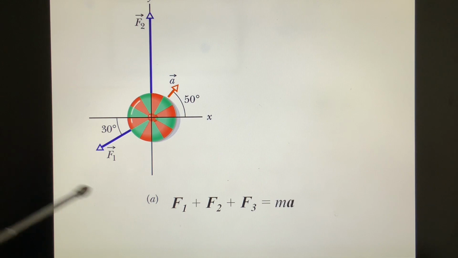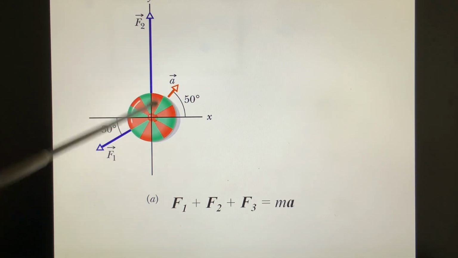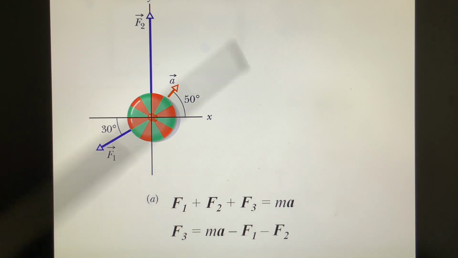We know that the physics is F1 plus F2 plus F3, sigma F equal to ma. We know a. We know F1, F2. We want to find F3. So it's very easy. This is a vector equation. F3 equal to ma minus F1 minus F2. Or we can look at it as ma plus minus F1 plus minus F2.